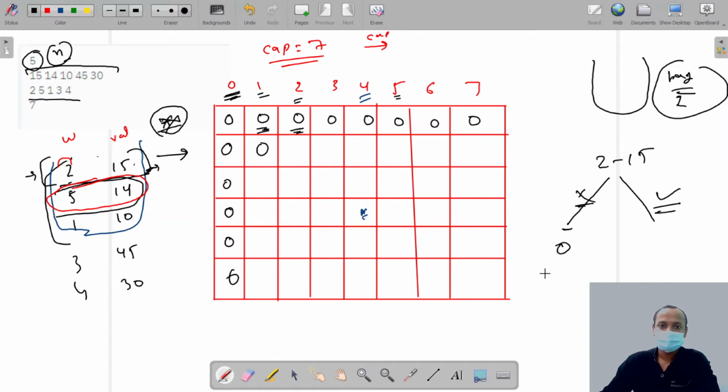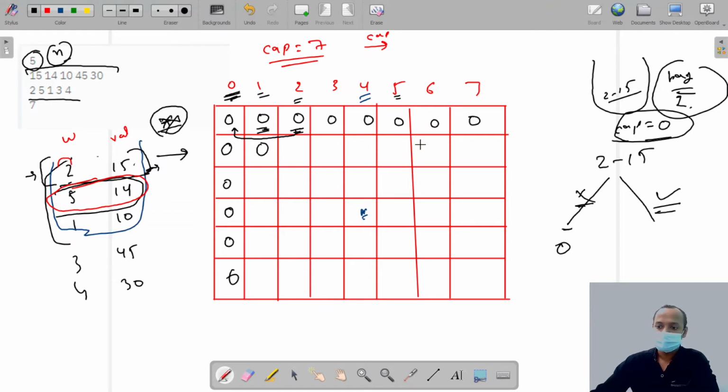Now if we include this item, it means we put this item in the bag. Now the capacity is what? 2 minus 2, capacity is 0. Then we see here what value we get if the capacity is 0.